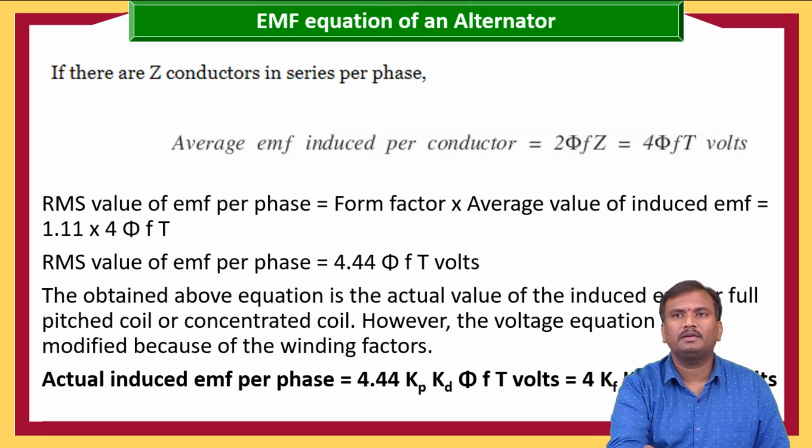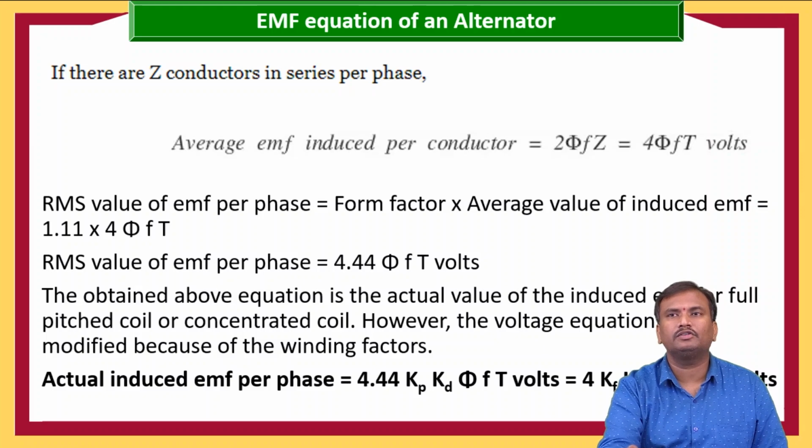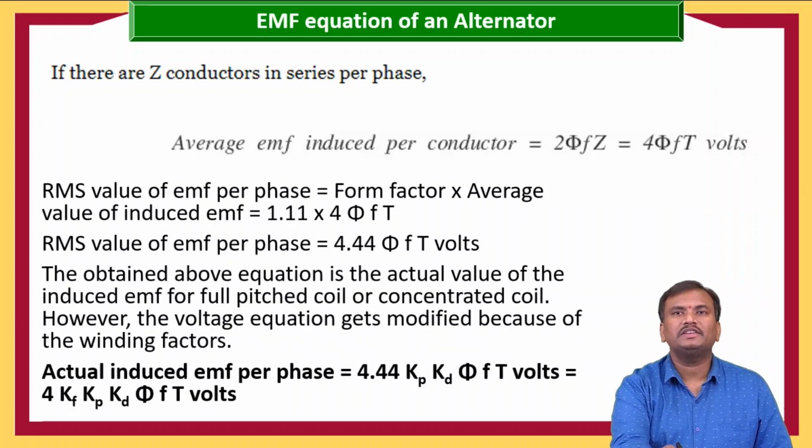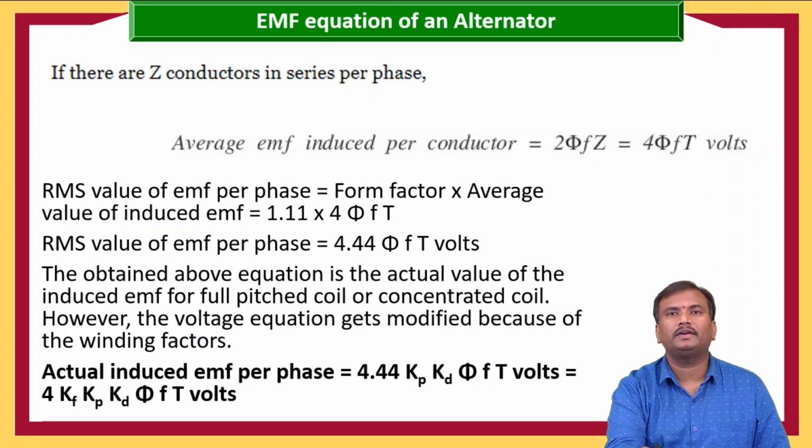So the average EMF induced per phase is equals to 2 phi FZ. So the RMS value of EMF per phase is equals to form factor into average value of induced EMF. That is equals to 1.11 into 4 phi FT. So the RMS value of EMF per phase is equals to 4.44 phi FT volts.